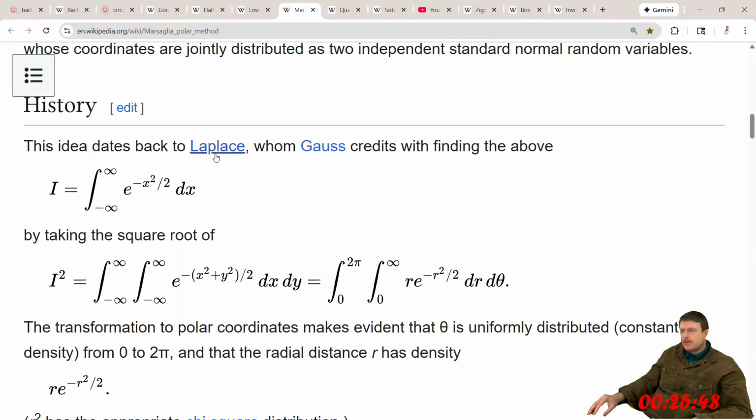It was Laplace. That dude was pretty smart.